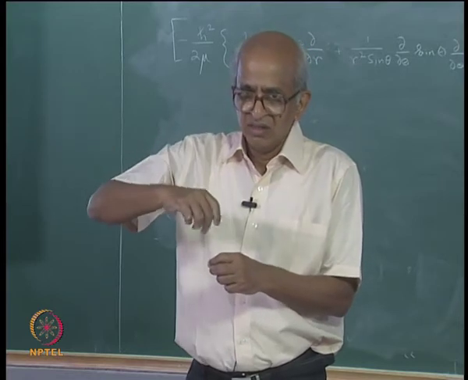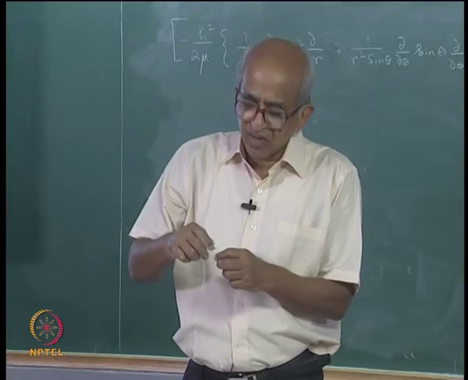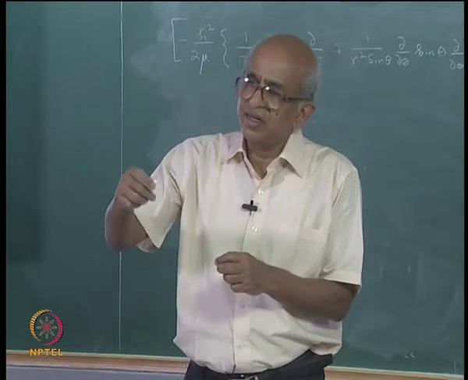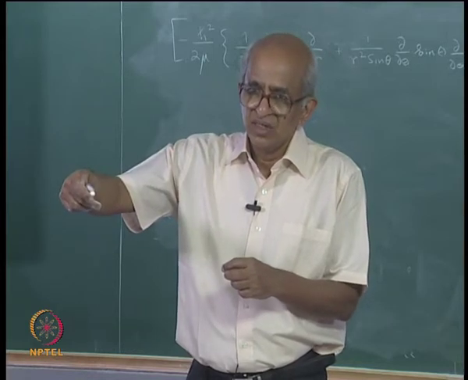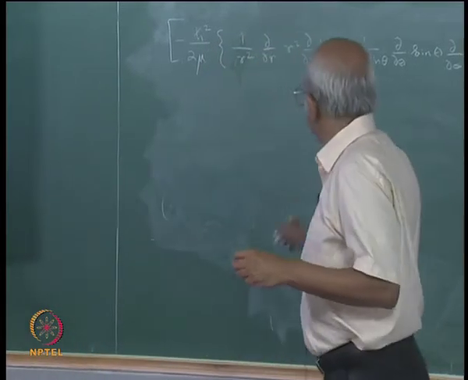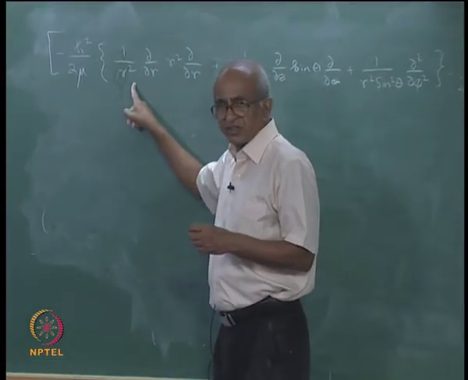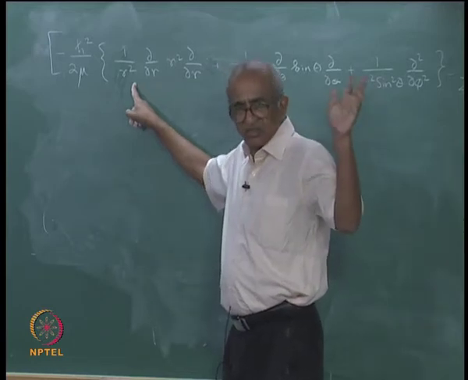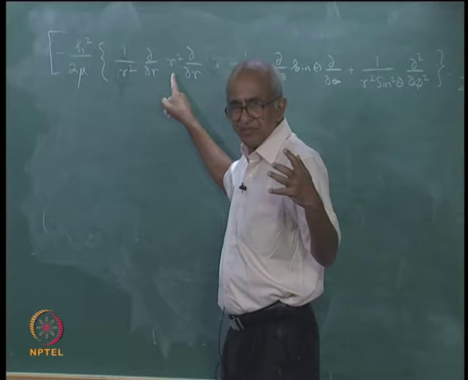So, therefore, there will be a kinetic energy due to the change in the value of r, and that is this term. You have two differentiations with respect to r, actually a little bit more complex than what you have in Cartesian coordinates, but the meaning is the same.